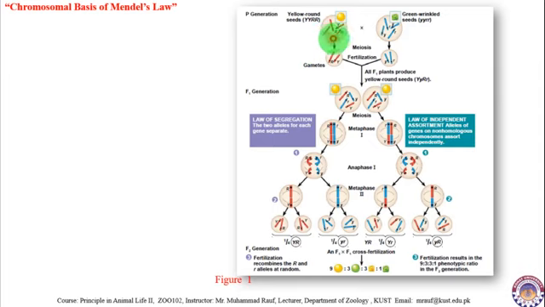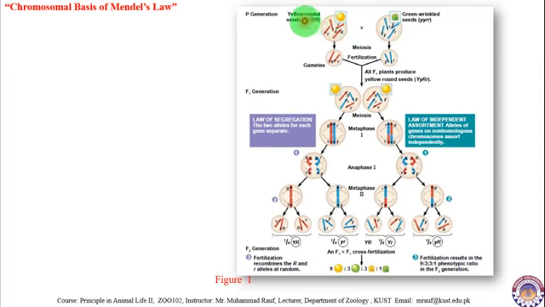One of the parents has round yellow seeds, which is a dominant trait, and the other parent has green wrinkled seeds, which is a recessive trait. So one parent is homozygous dominant for seed color and seed shape. The other parent is homozygous recessive for seed color and seed shape.